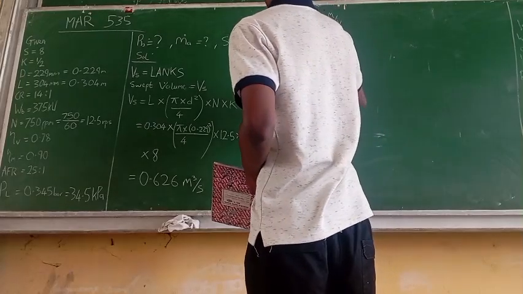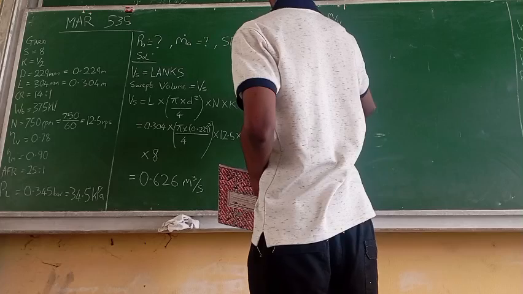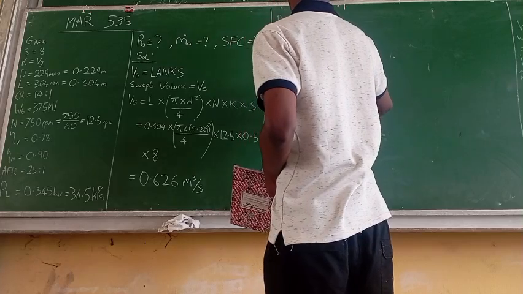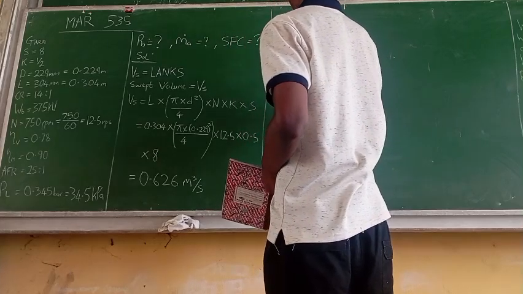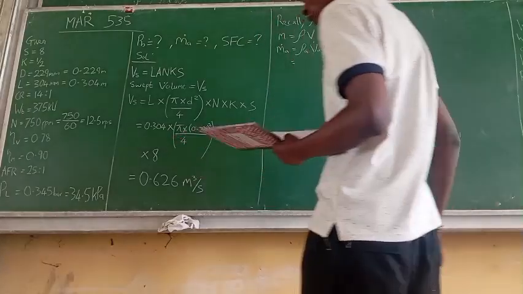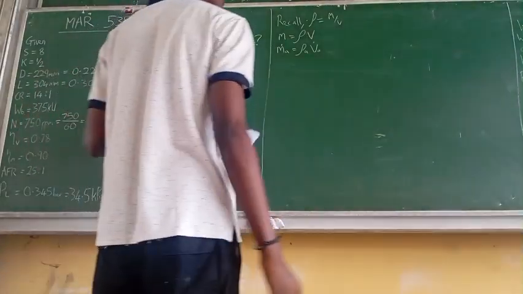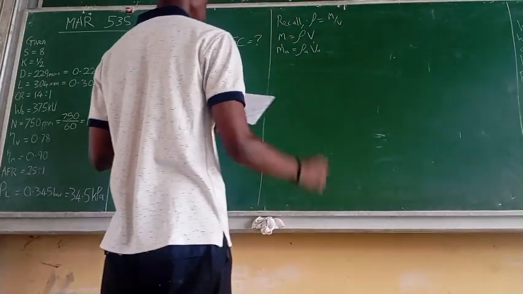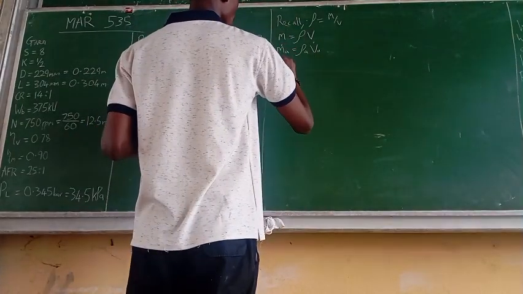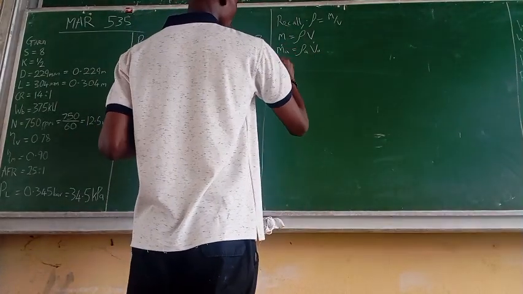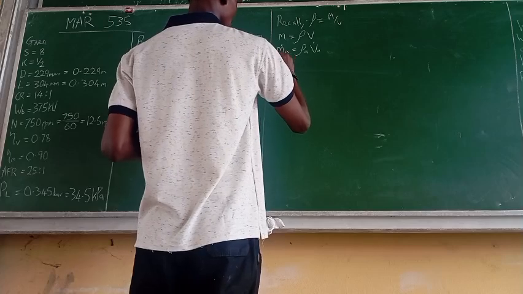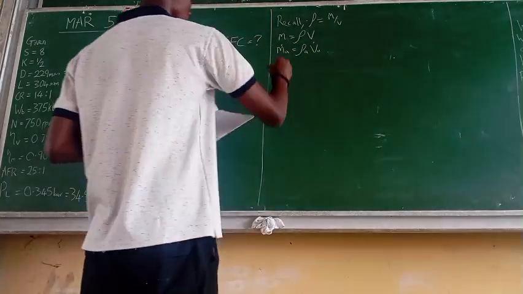Therefore, the mass flow rate of air is equal to the density of air times the volumetric flow rate of air. The density of air was not given in the question.